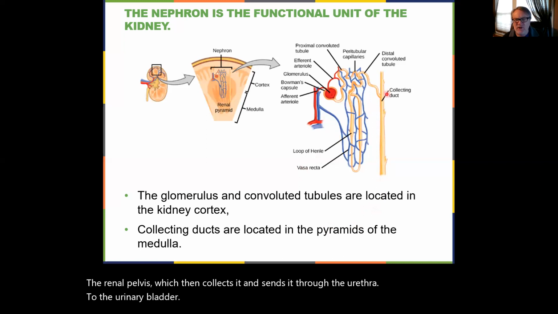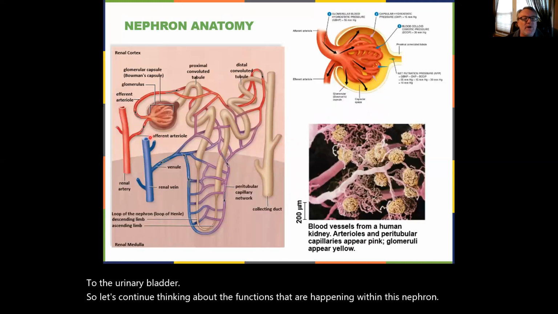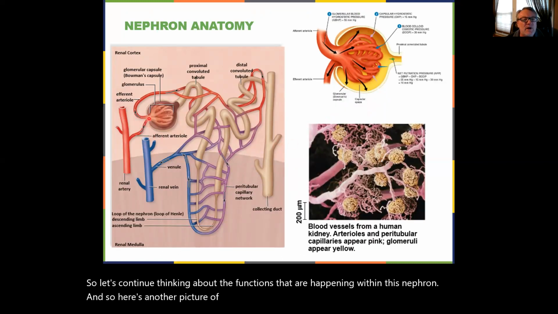So let's continue thinking about the functions that are happening within this nephron. And so here's another picture of it, showing a bit more detail of what happens inside the glomerulus.